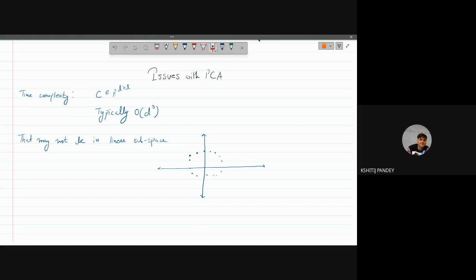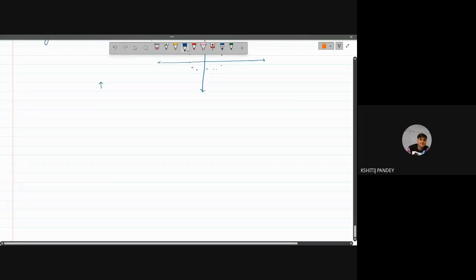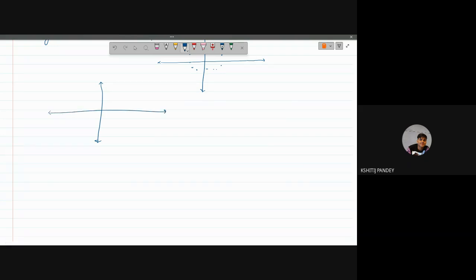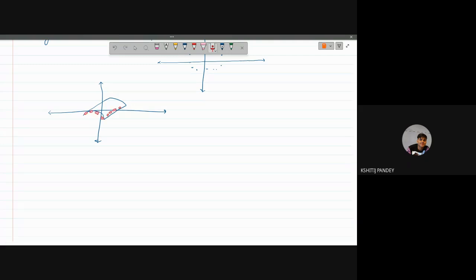Or maybe the data is in the form of a manifold. Okay, so let me draw that as well. Let's say you have 3D data. The data actually lies on this curvy plane. All the data points are on this surface.